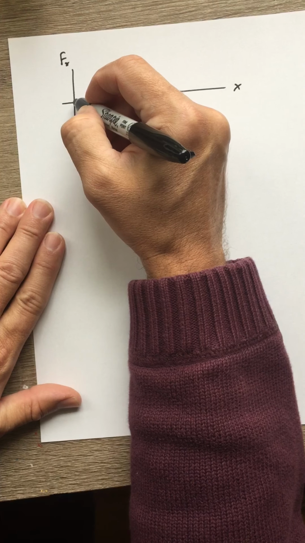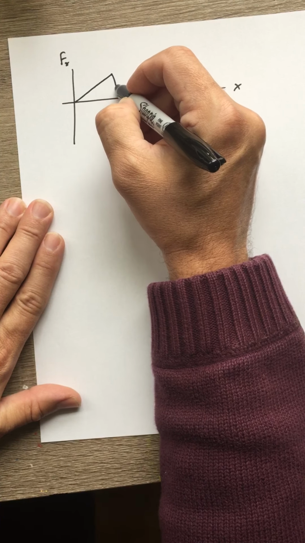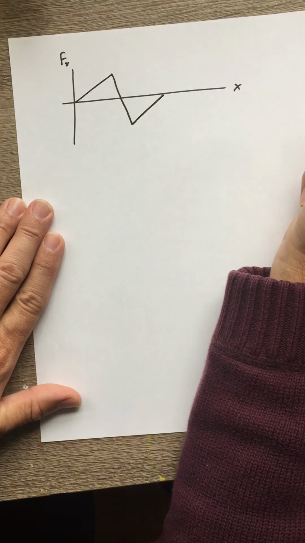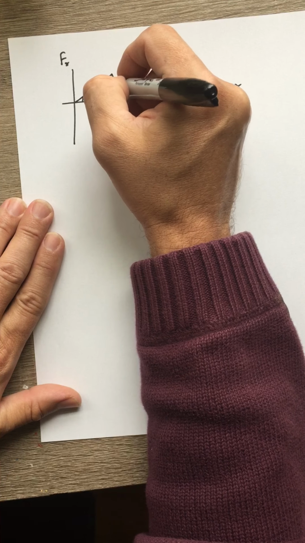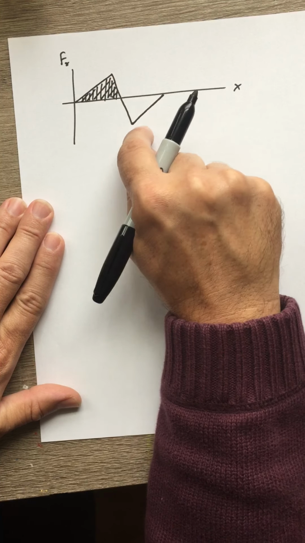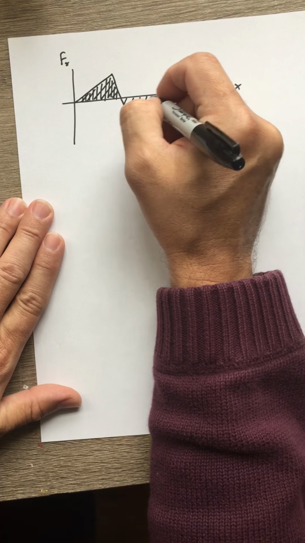Let's say that I have a force that starts off like this, but then somehow changes like this, and then comes back like this. Well, if I look for the area under the curve, you might notice that I've got some discontinuities in the first derivative here. So if I were doing this by direct integration, I would have to do it piecewise.